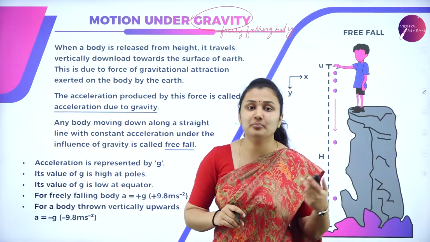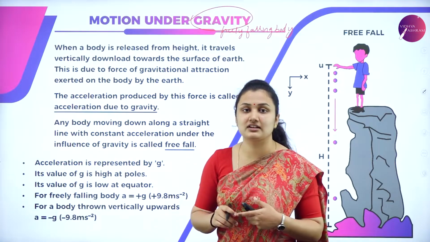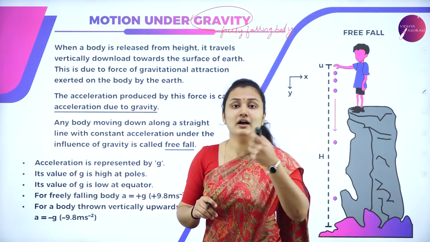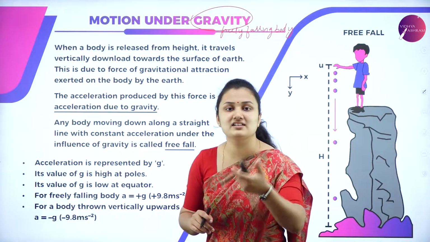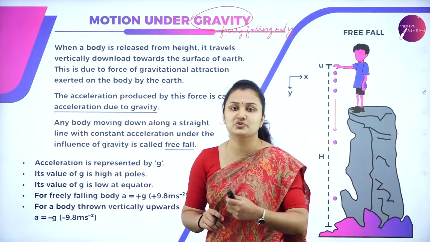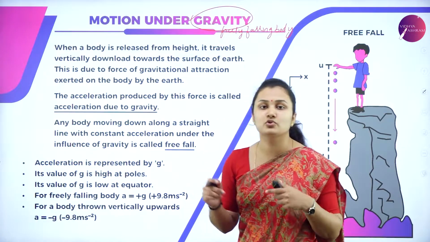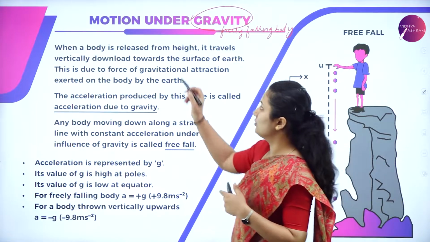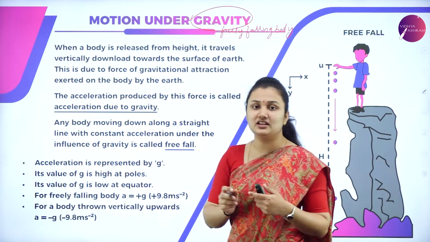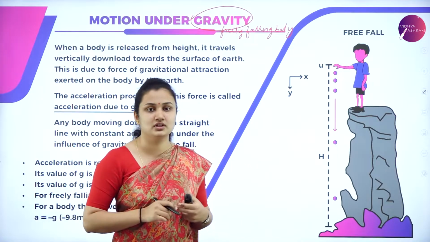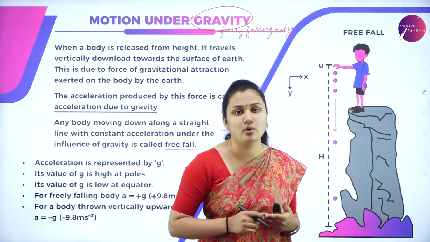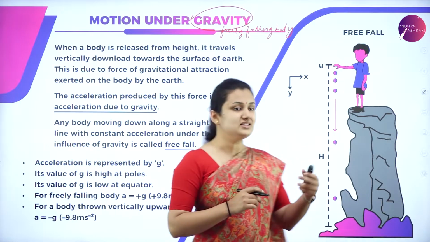We have studied in the previous session of motion in a straight line what is uniform accelerated motion. If you don't know, please watch my previous session on motion in a straight line. Motion under gravity is the study of uniformly accelerated motion exhibited by the body or object. You can see an image here.